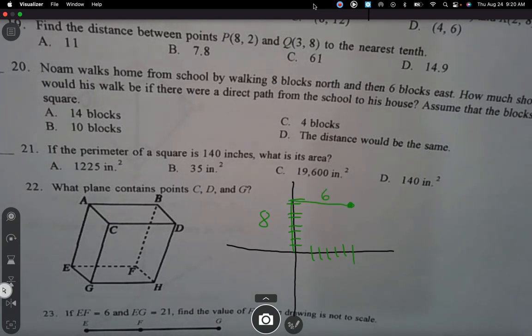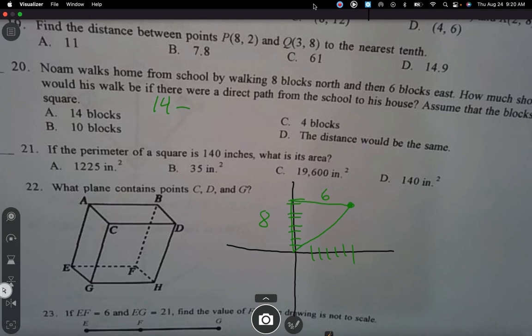Then they say, what if he walked this way? How much shorter would it be? Well, first of all, what distance did he walk already? 8 and 6 is how many blocks? 14. So far, he has walked 14 blocks. Now I'm going to find this one and see how much shorter it is.